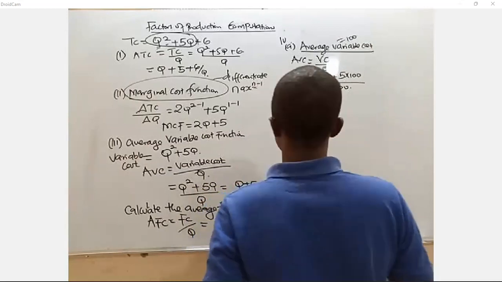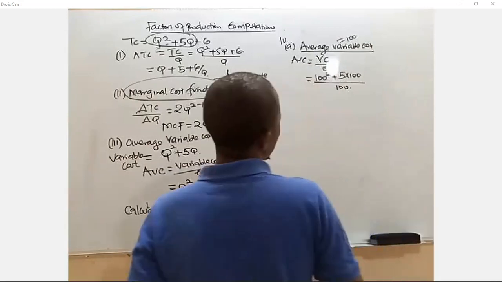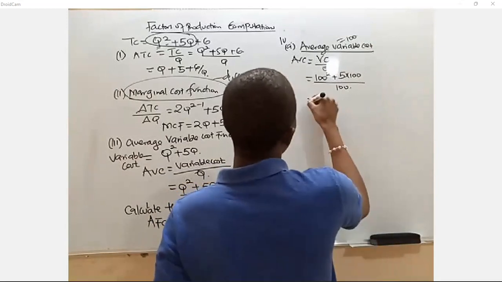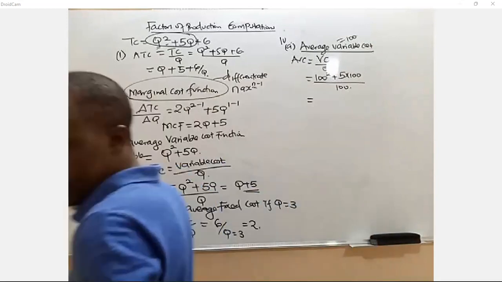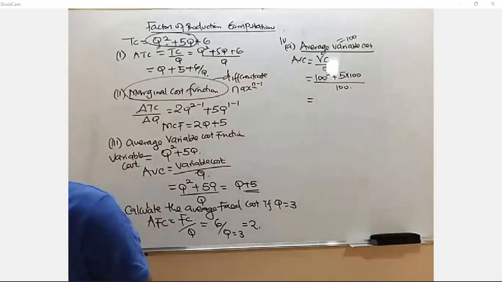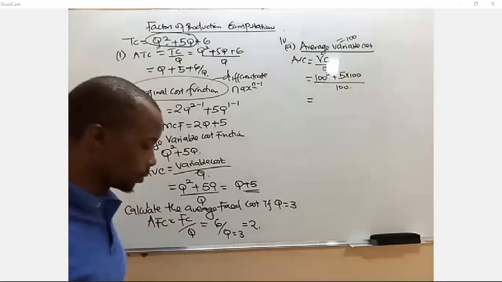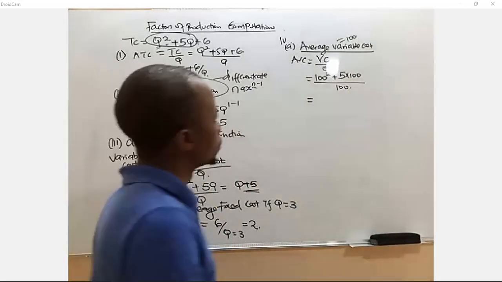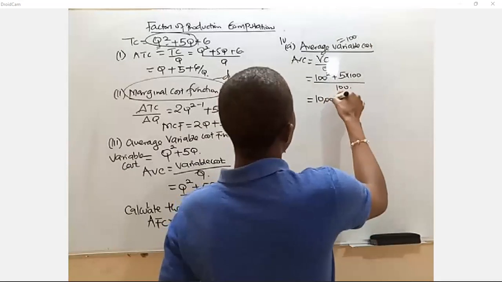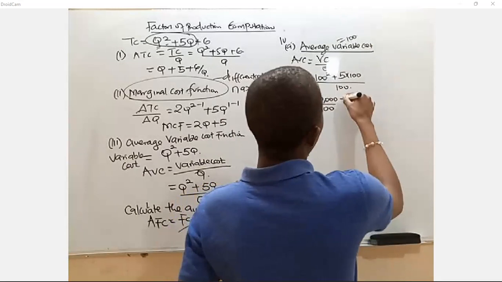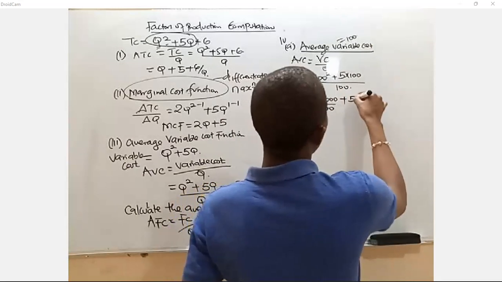So this is 10,000 divided by 100, plus 500 divided by 100.